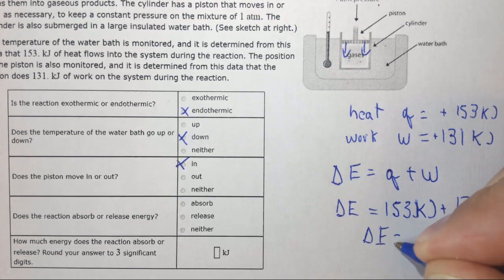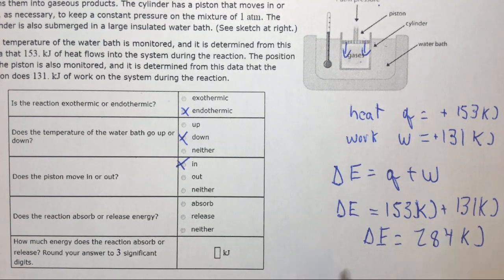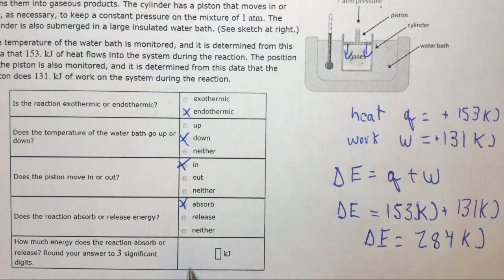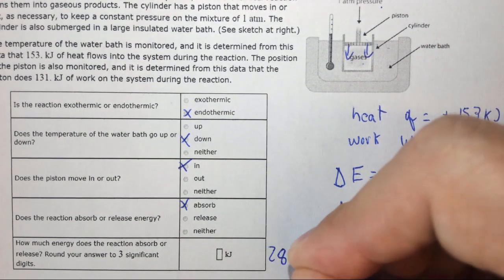Delta E equals 284 kilojoules. If delta E is positive, then that means the system absorbs energy. And this also allows us to answer the next question, which is simply 284 kilojoules.